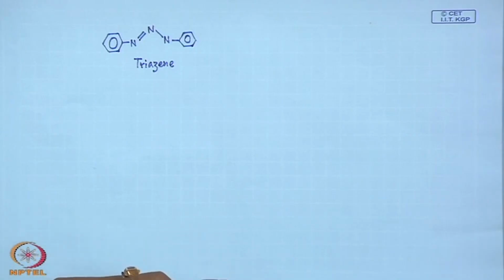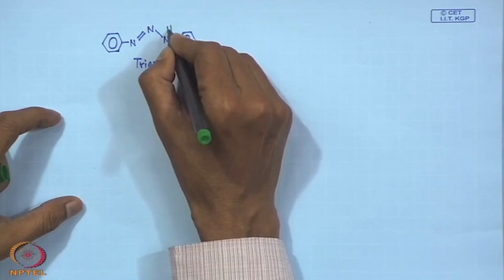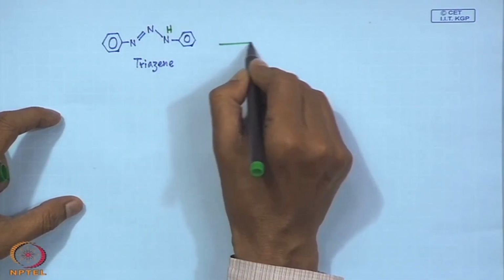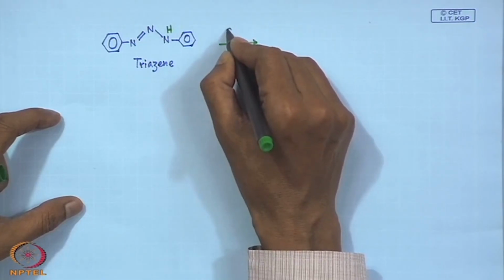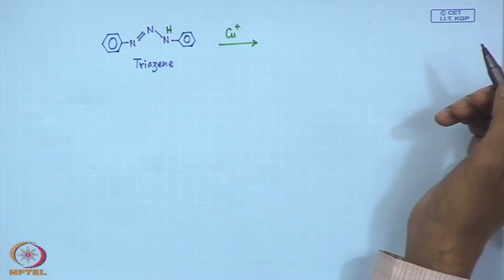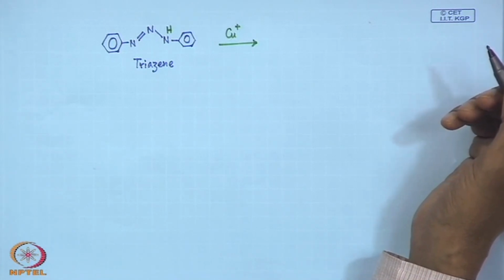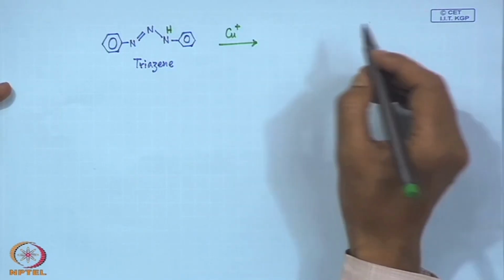So the reaction of this triazine ligand, obviously it will have one hydrogen over here. So this reaction of this triazine with copper 1 salt, how does it go? So this gives a very useful molecule, a binuclear compound.